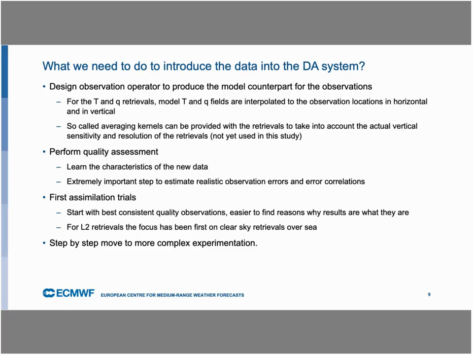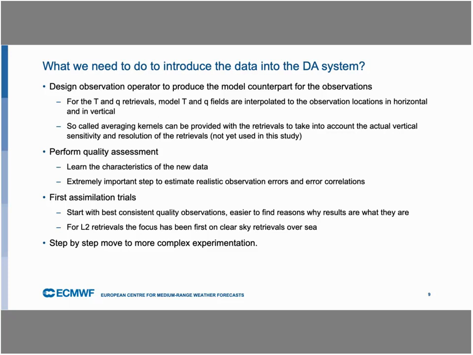And for the level 2 retrievals, the simple approach that we first took was to focus on clear sky retrievals over sea. Focusing on clear sky retrievals allows us to compare the results to the radiance assimilation, and over sea the quality is consistent, so that is the reason to select data over sea.